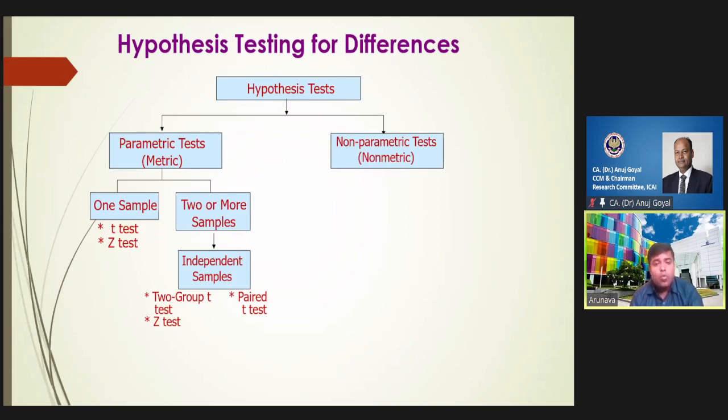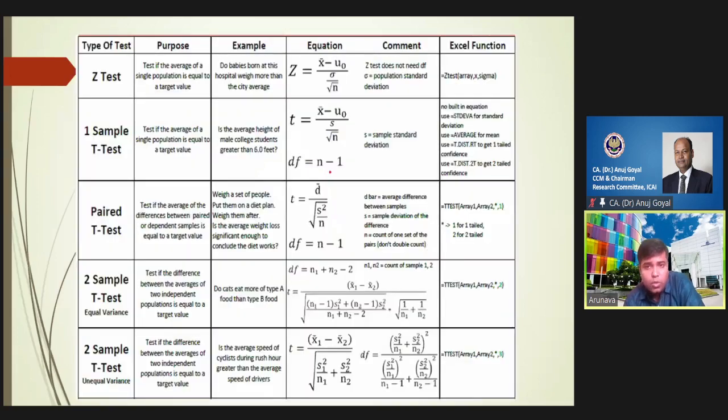But if there are two or more samples, we are actually comparing them, whether these two samples or the two populations are different or the same. That we are trying to see, right? So independent sample as well as dependent sample tests are there. So different t-tests, paired t-tests, those are there. And there are also non-parametric tests. What are those? Those we will see. So this is a broad summary of all the tests that are there, right?